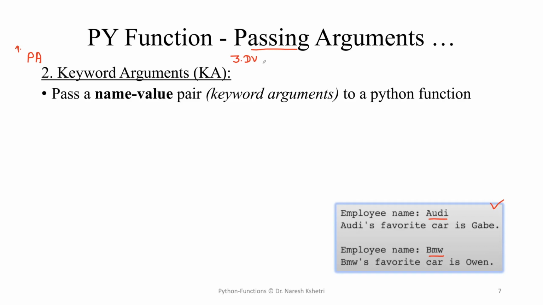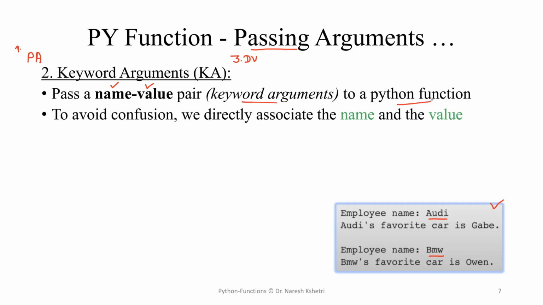Here we are passing a pair. We normally say a name-value pair. That pair is called the keyword arguments passed to the Python function. To avoid the confusion, we directly associate the name and the value.